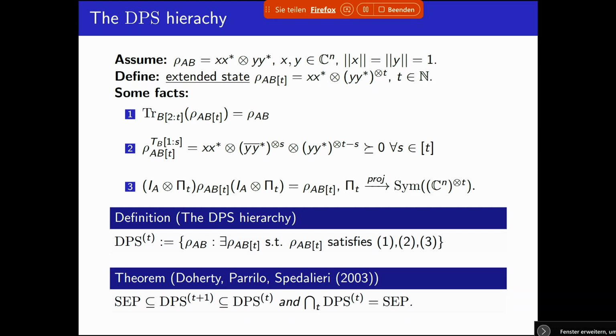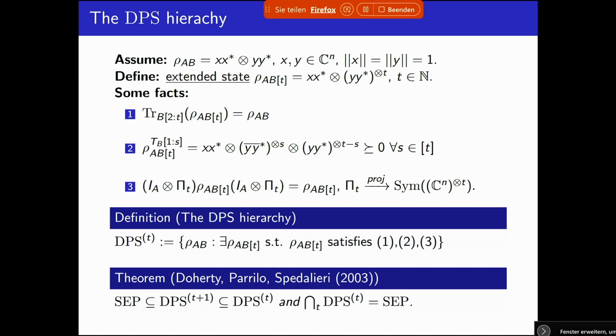And the cool thing is, this is in particular the result of the paper by Doherty, Parrilo, and Spedalieri. So this is also why it's called the DPS hierarchy, which basically says that this is an outer approximation of the separable cone. So for this first inclusion, I just argued, take something which is separable, then you can always do this construction here. And this inclusion is also not so hard to see.